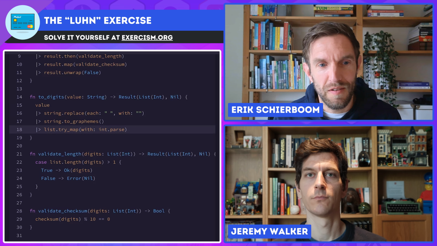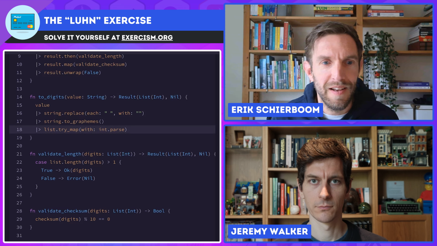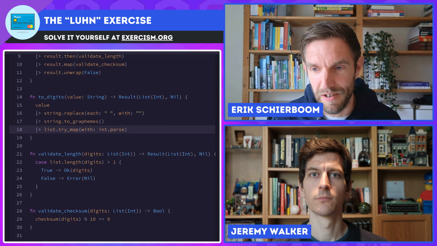So if the return value of int.parse is okay, then it will just continue with the next element until it is done. So if it is done and everything was okay, it will just return the actual values. But if at some point it finds that there was an error, it will stop and it will return the error case. So that's what we're doing here.